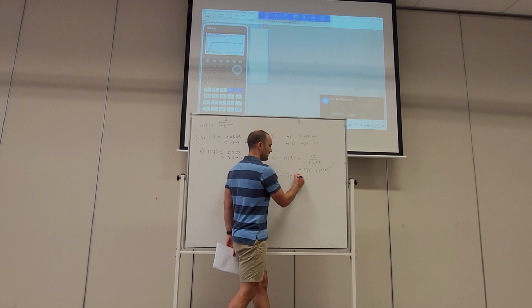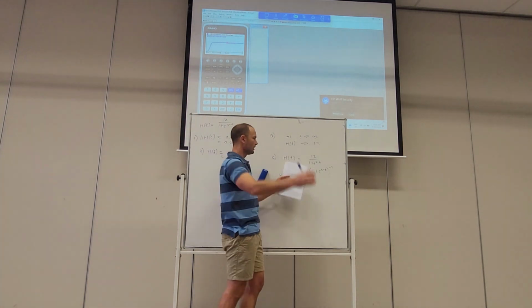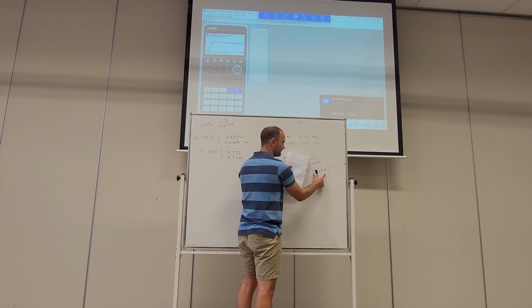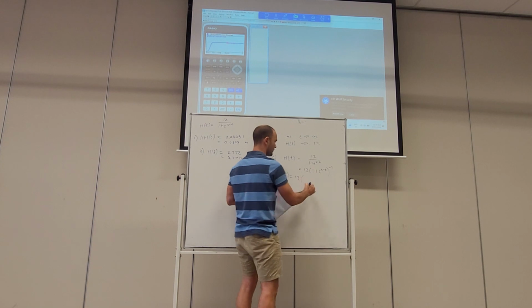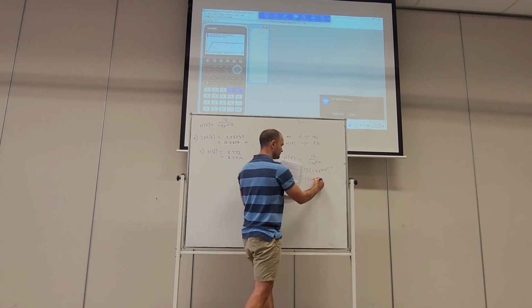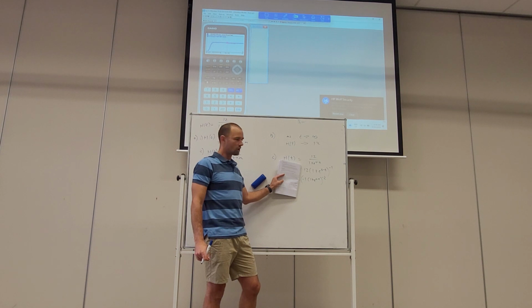H dash of t, the 12 just hangs out the front. It's just a number that's multiplying through. And so then I'm looking at this function to the power of n. So the derivative is going to be n, the function, to the n take 1. Okay, this is the chain rule.